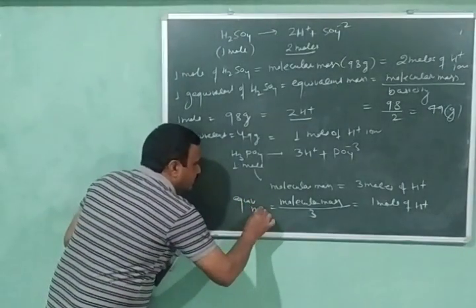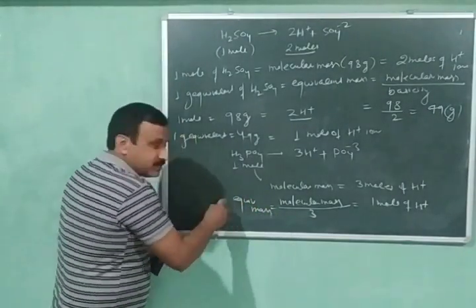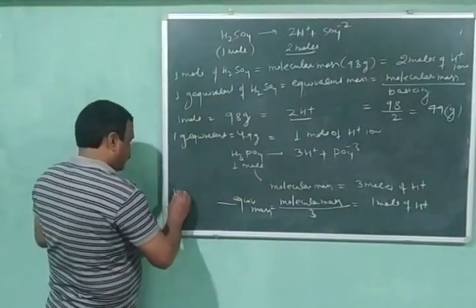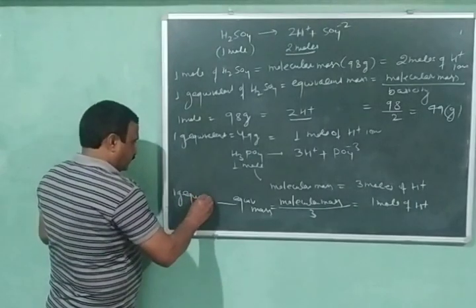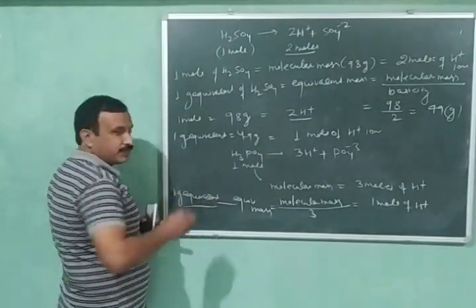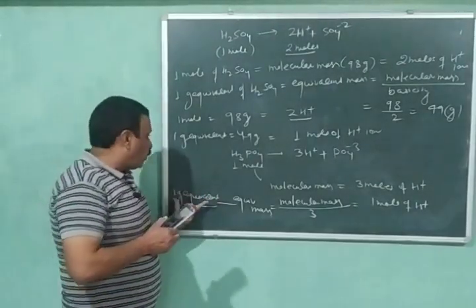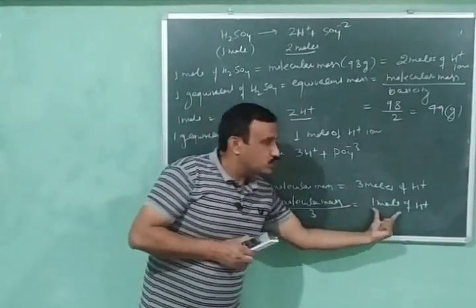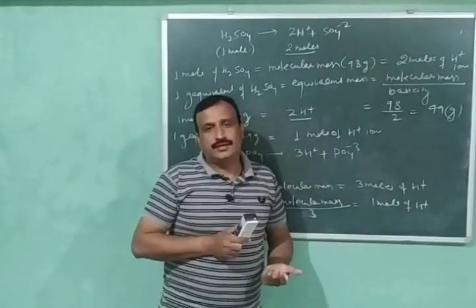As I said, it will be equal to its equivalent mass, and its equivalent mass is what? 1 gram equivalent. Understood. So in this way, 1 gram equivalent of this orthophosphoric acid will give us what? 1 mole of H positive ion.